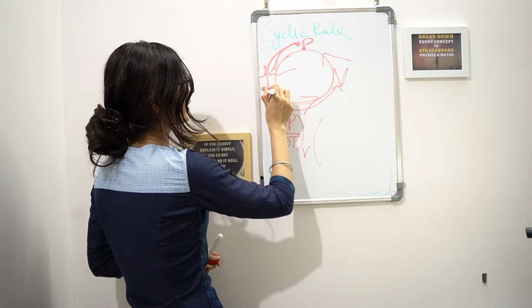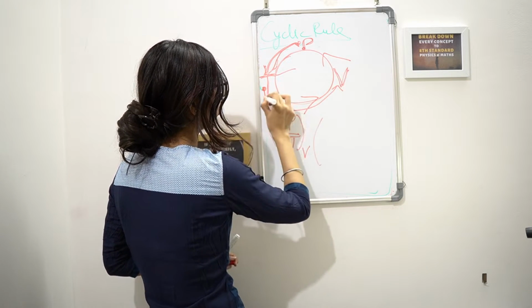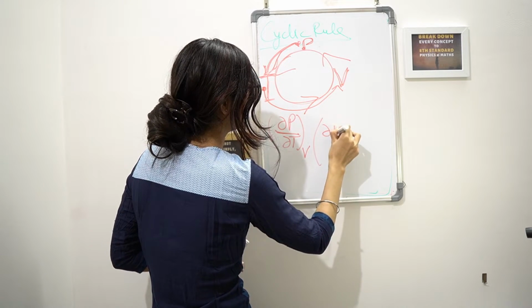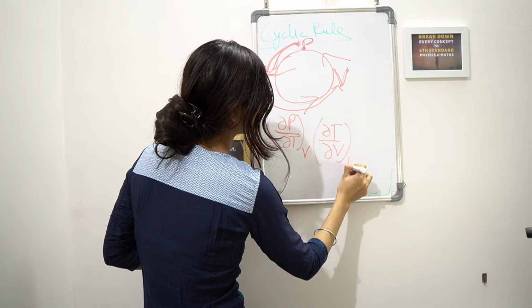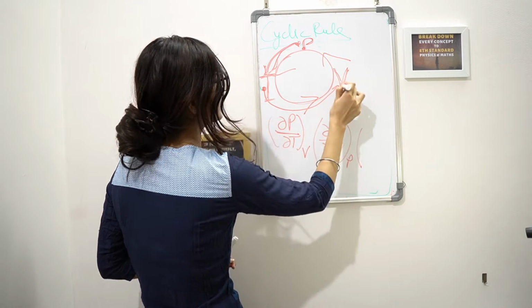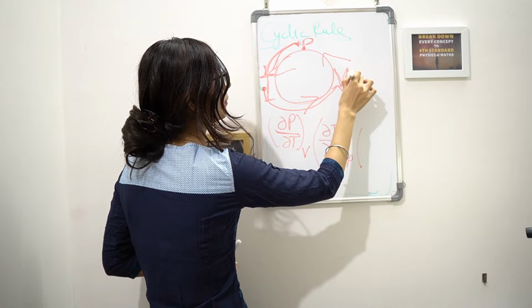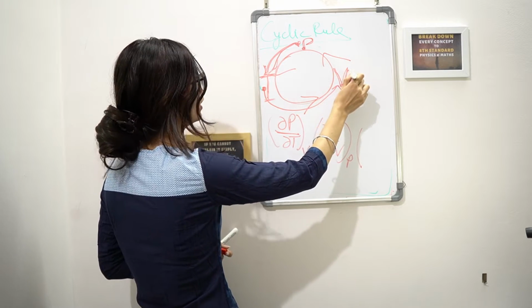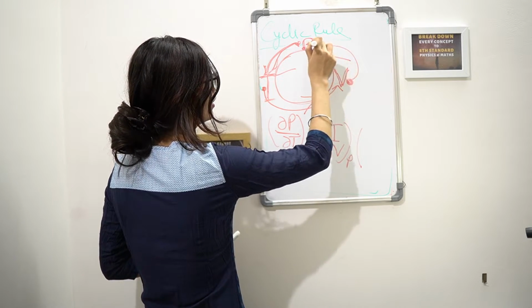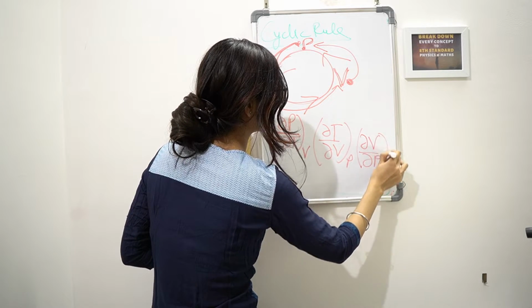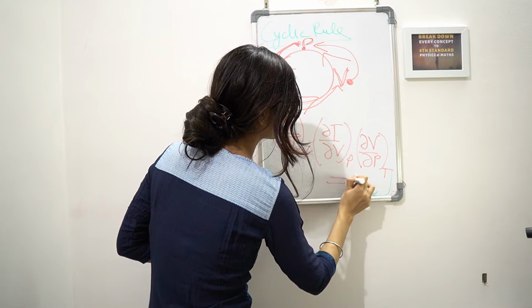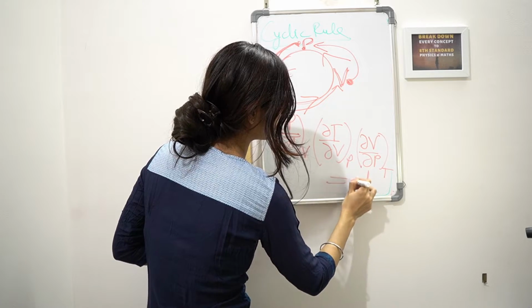Since we started at T and ended at V, I'll write it like this: del T by del V, keeping the pressure constant. Also, since I reach here now, I'll be moving from V to P. Fine. So write del V by del P, keeping the temperature constant, and it will be always equal to -1.